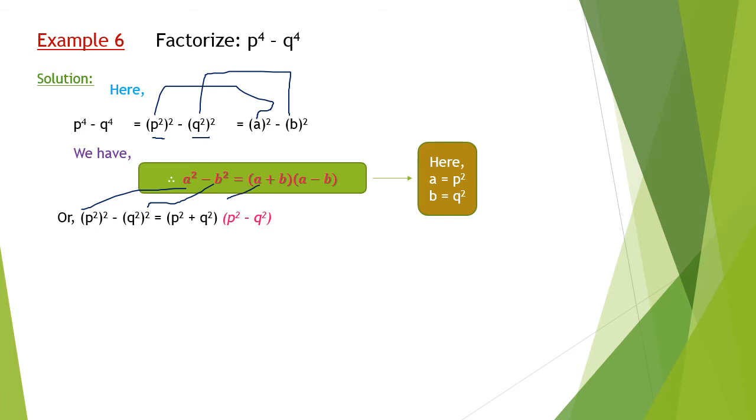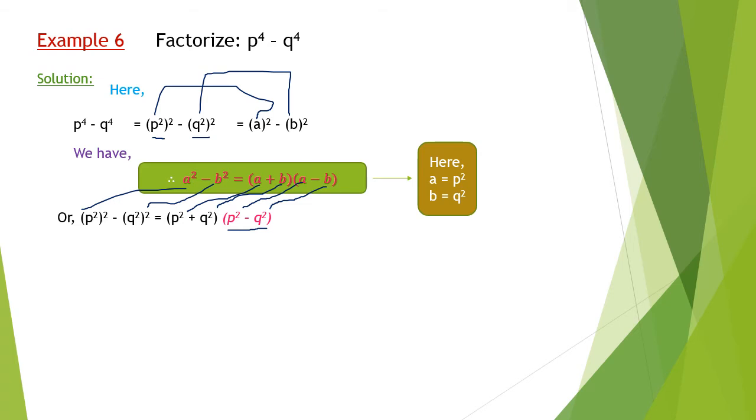Now you can see with a different color, it is again a difference of square. If we see a difference of square, then we have to proceed further. P square minus q square is again a difference of square, isn't it?